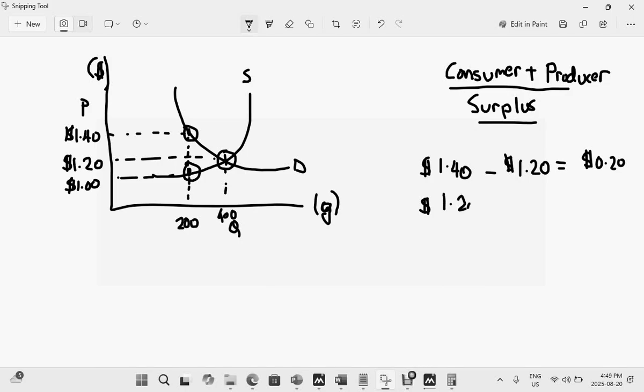So $1.20 is what they ended up receiving, and they were willing to accept $1. So the per unit price difference here is 20 cents. So the producer surplus is 20 cents as well. When you add them together, this will be your social surplus or economic surplus.